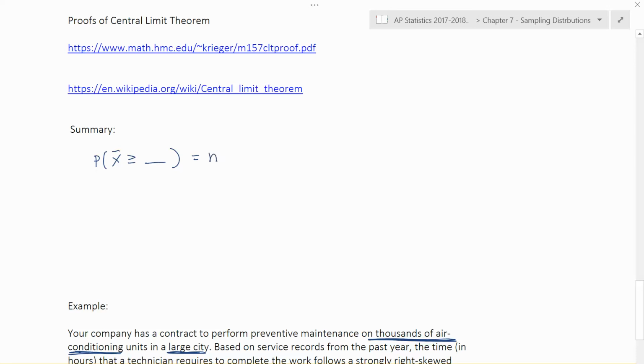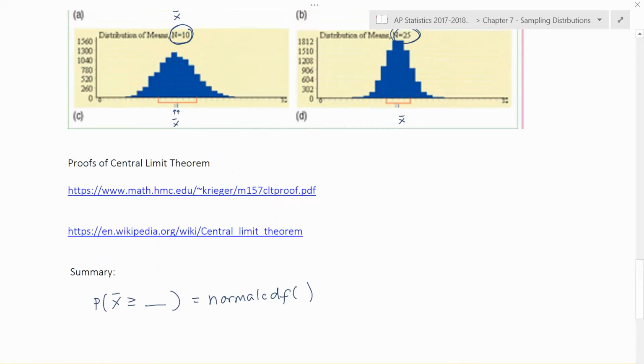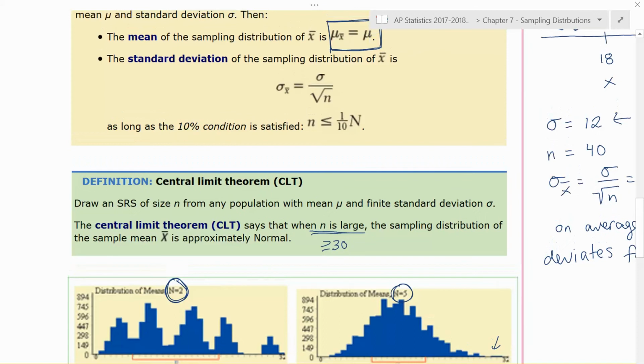And then we would be using our normal CDF, and all that. So the next video is an example where we have to apply these things and do the methods to calculate such probabilities. So all these things now are probabilities for sample means. What's the probability that the average of a sample is within this range? And if we check our conditions and use our formulas, we can do that now.